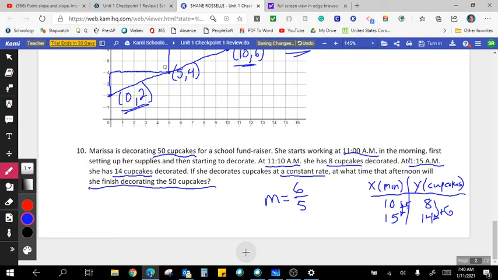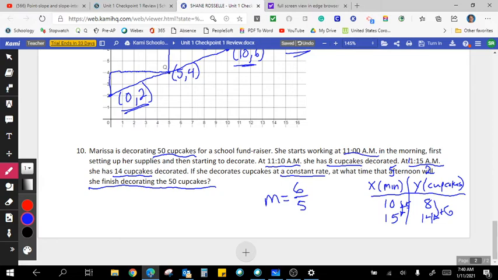So the rate of change is going to be 6 over 5. If we go back to 5, we would go back 6 right here, and going back 6 would put us at 2.